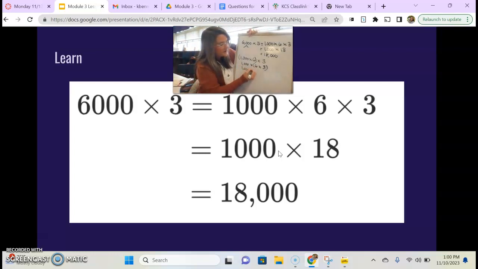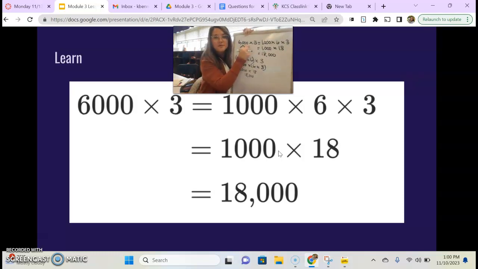So then 1,000 times 18, then I get 18,000. This is just showing you how you're breaking up the initial equation. A lot of times you'll say 6 times 3 is 18, and then you know that you're putting those magic zeros, but this shows the meaning of the magic zeros. There are 3 magic zeros, so I am multiplying that number by 1,000.